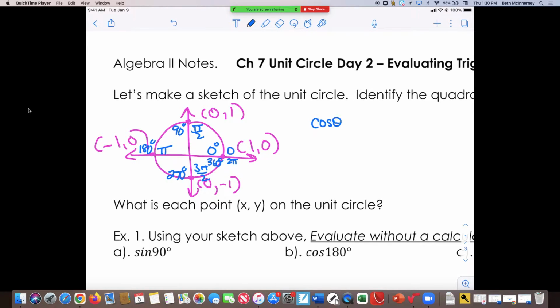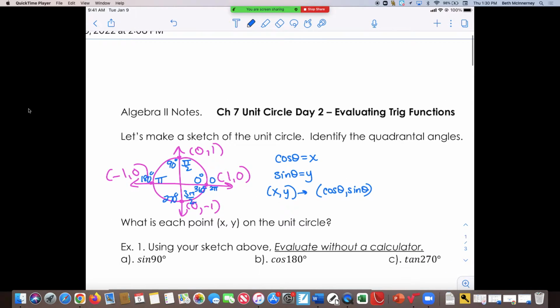Remember that the x-coordinate is cosine theta. The y-coordinate is sine theta. And tangent was sine theta over cosine theta.